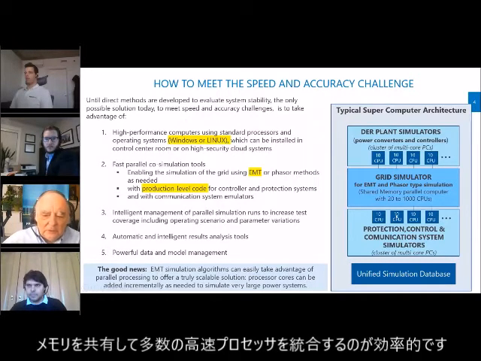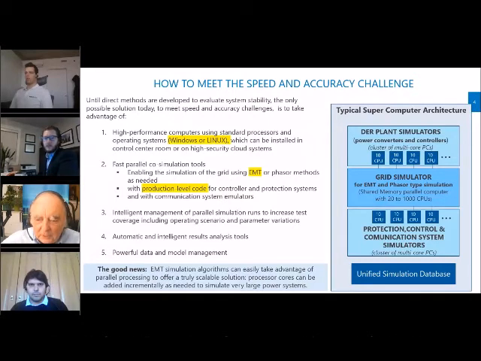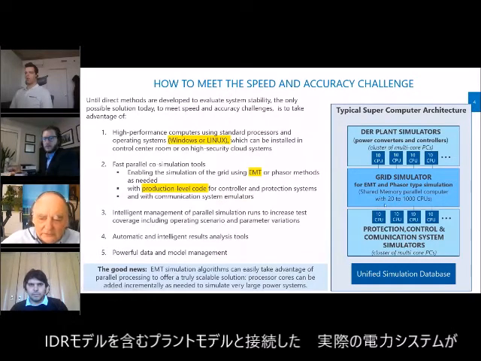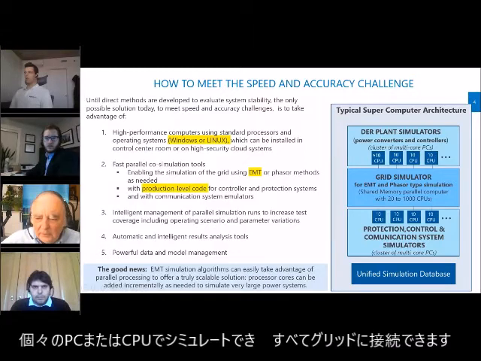In this case, we need a lot of processors integrated with shared memory to be quite efficient. Then, like a real power system, we interface the plant models, like the DER plant models, which can be simulated on individual PCs or processors, and they are all connected to the grid.